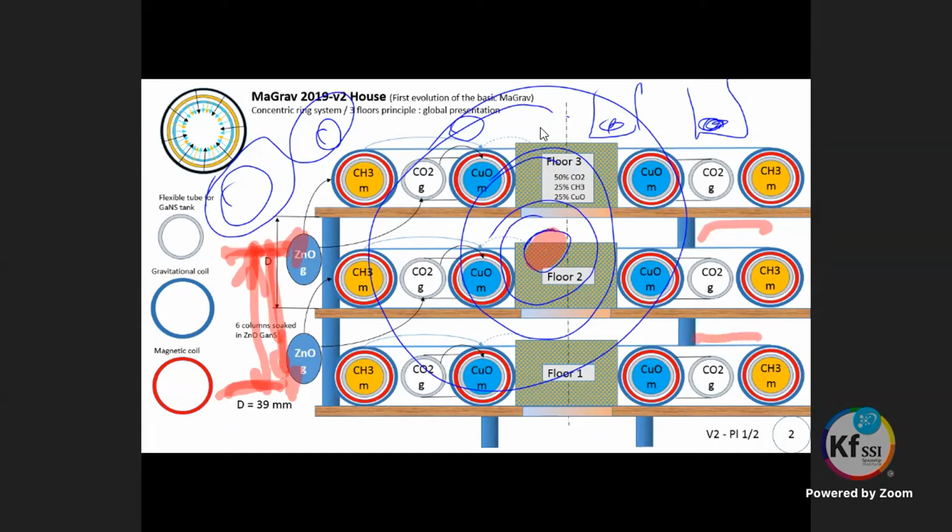Now you operate in this bandwidth. Why we put CH3 in the middle?